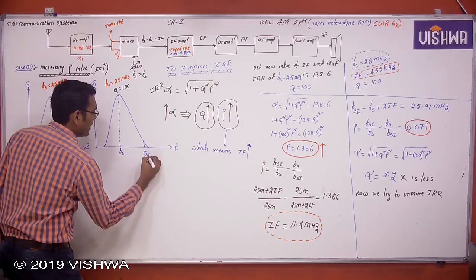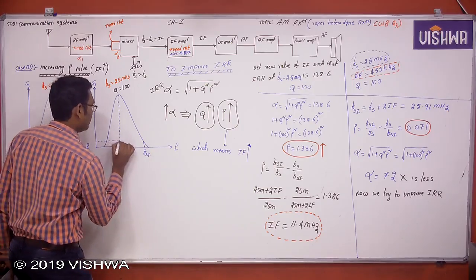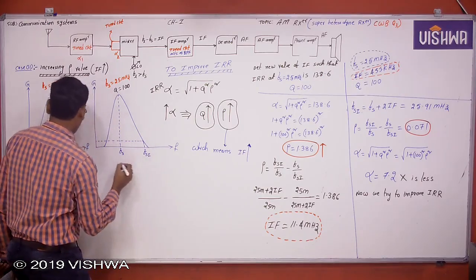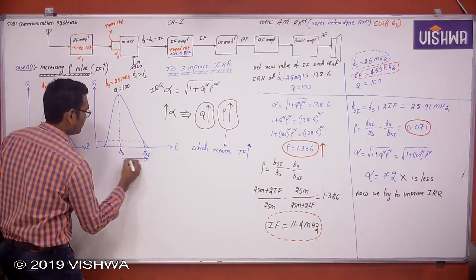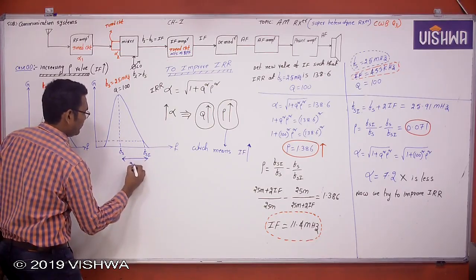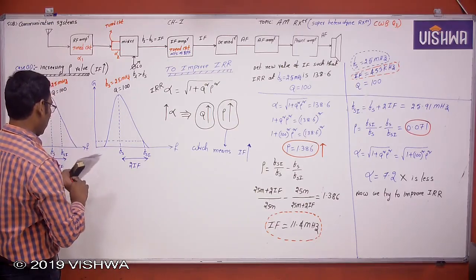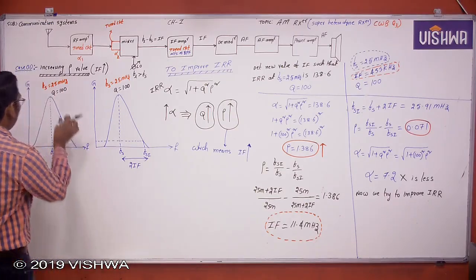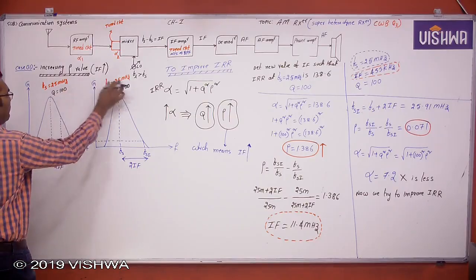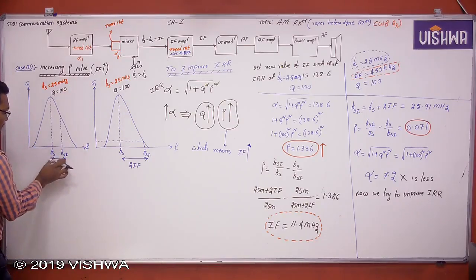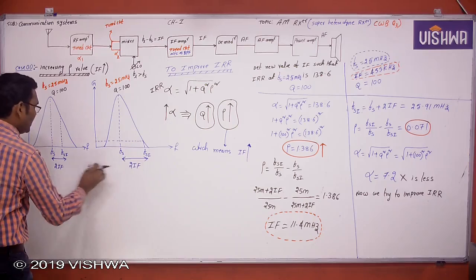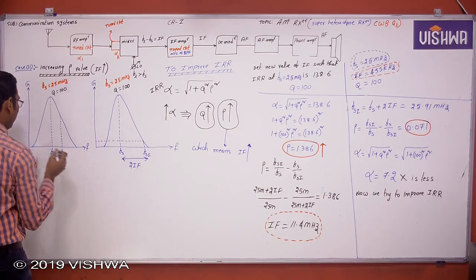Now this gap is increased. So this is 2IF. The quality factor is the same, Fs is the same, but this separation is increasing, meaning IF is increasing. When IF is increasing, what happened?